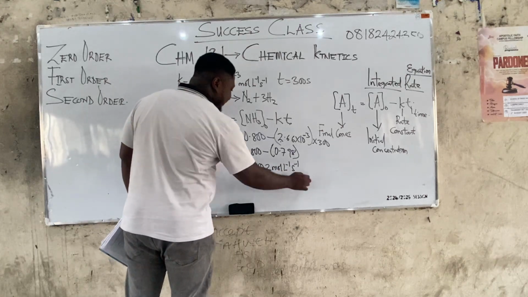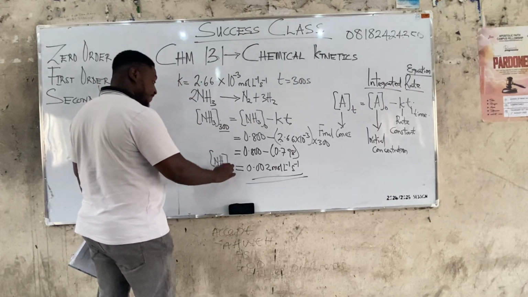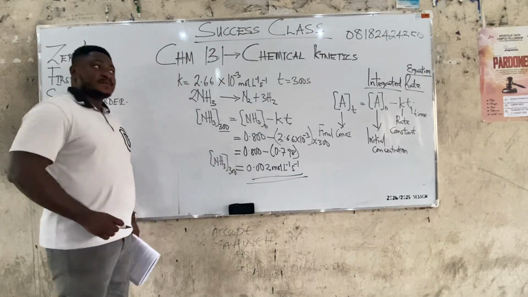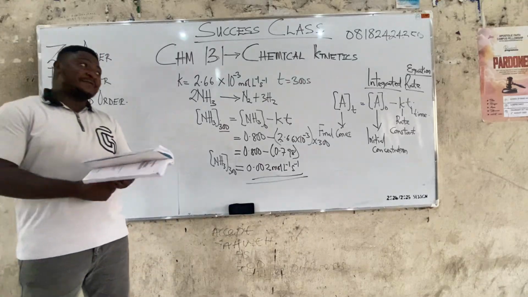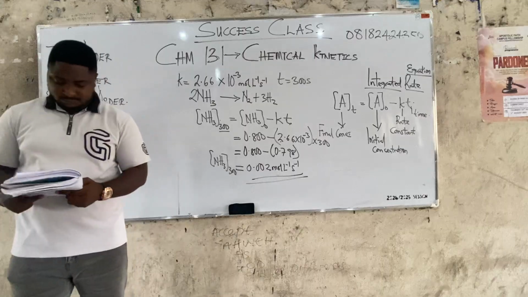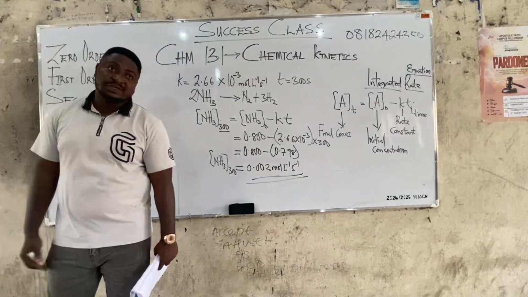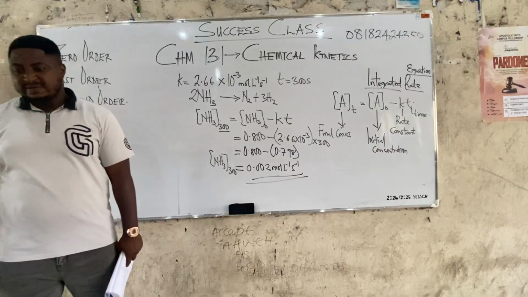So this is the concentration of NH3 after 300 seconds. Quickly write that down and we'll go to first order reaction.